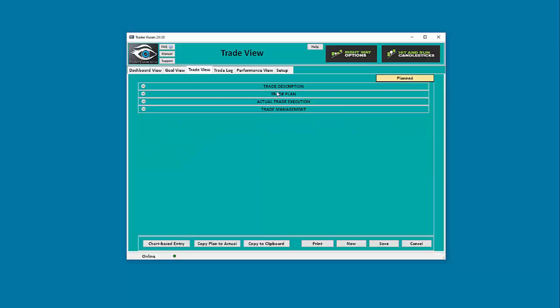You'll notice there are 4 sections to the TradeView form: trade description, trade plan, actual execution, and trade management. In addition, there are buttons that will show in all sections of the form, including chart-based entry, copying the plan to actual, copying the plan to a clipboard, printing, creating a new trade, saving the existing trade, and canceling the changes that we're working on.